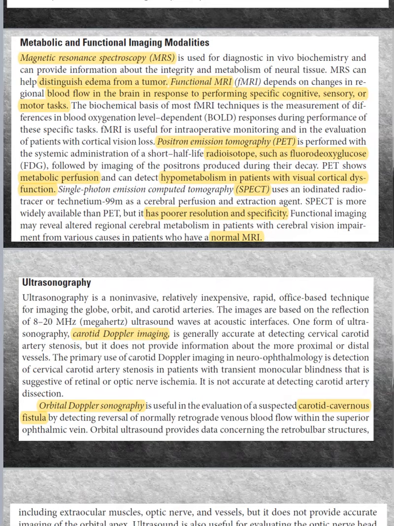So the patient is oriented and performing specific activities, and after that we may get a map of the blood flow in response to these activities.